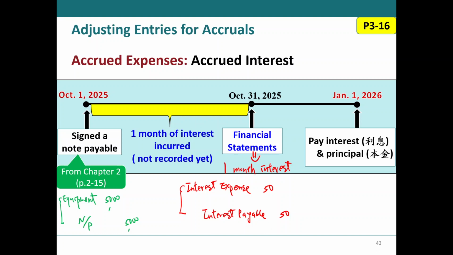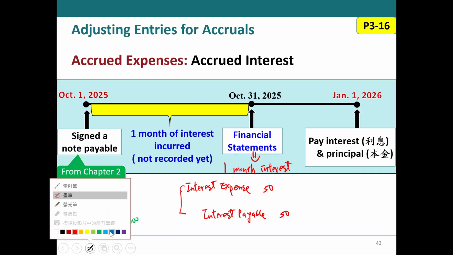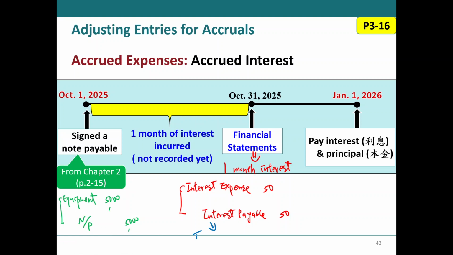On your slide 43, we've done interest 1 month, $50, right? So $50 for 1 month, that's for your transaction 2. For your transaction 2, we focus on the last day.